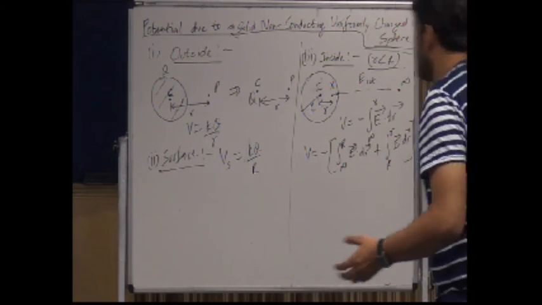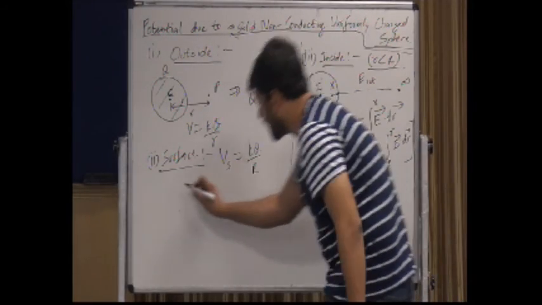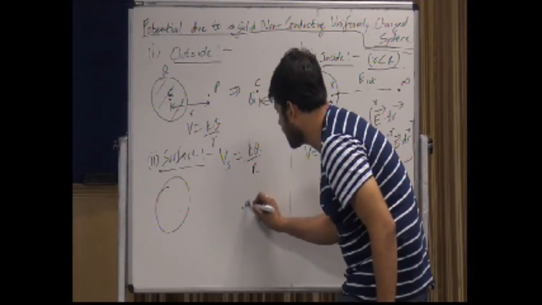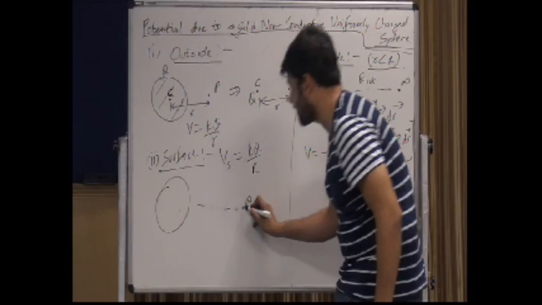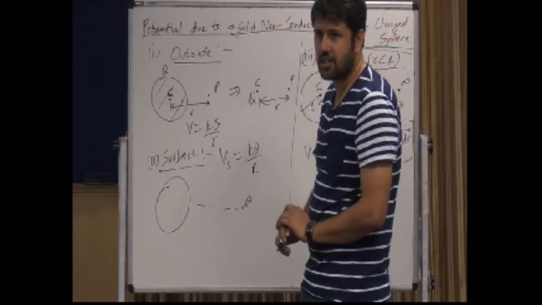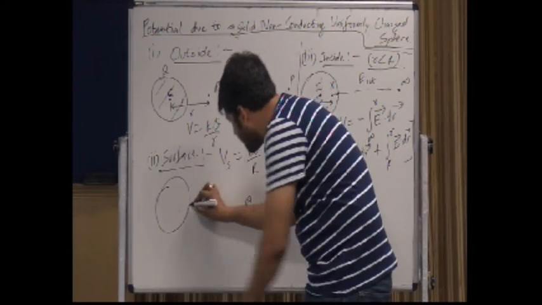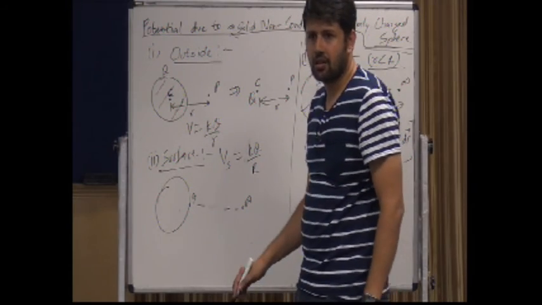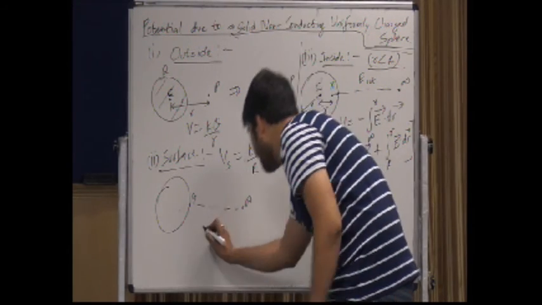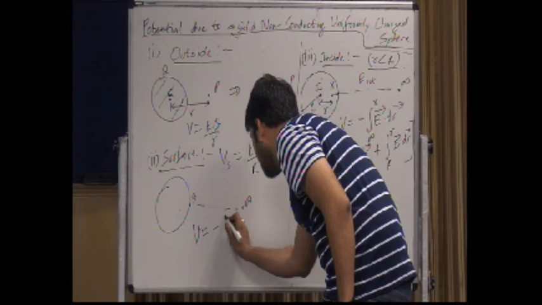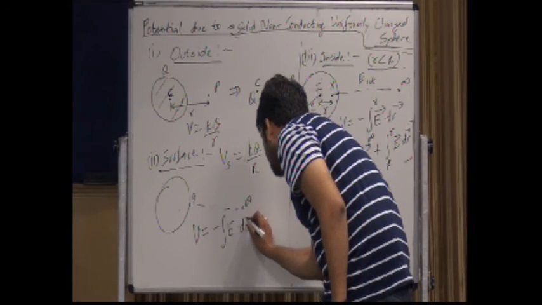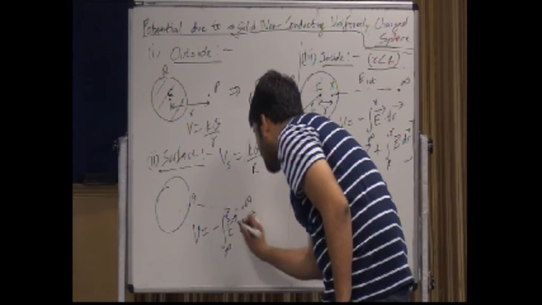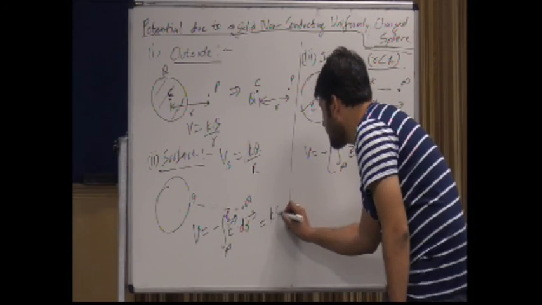Why? In the surface scenario, we brought the unit positive charge from infinity to surface point. What we actually calculated was this thing, infinity to capital R distance, and we found it to be KQ by R.